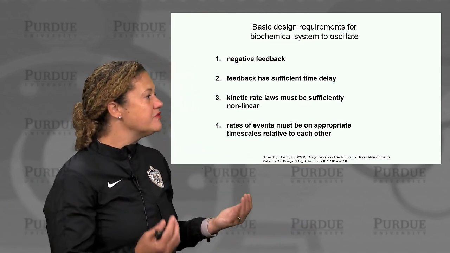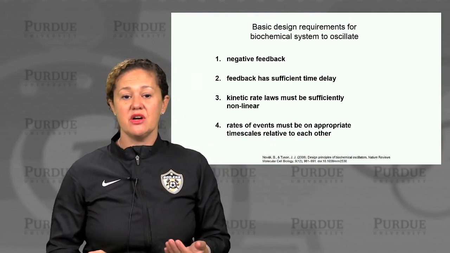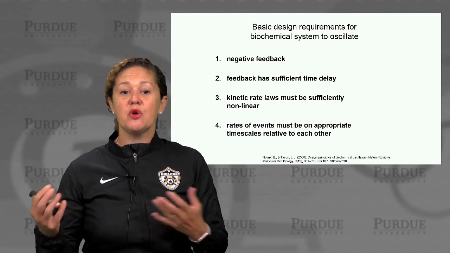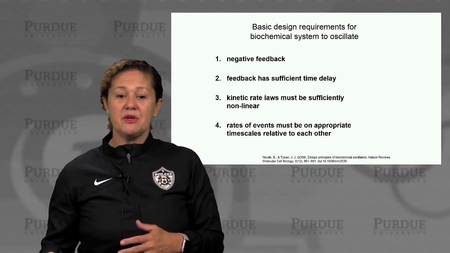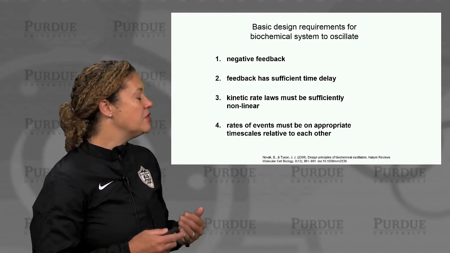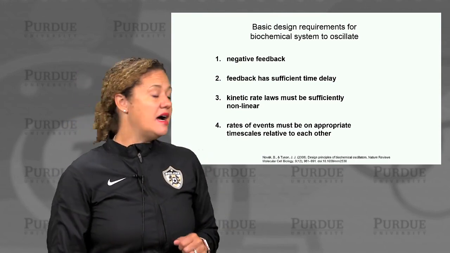These relative rates of events must be on appropriate timescales relative to each other. In a mathematical sense, this is another way of saying that there are important parameter sets that can generate oscillations while other parameters might not. So those parameter values must be tuned in order to generate and have persisting oscillations.